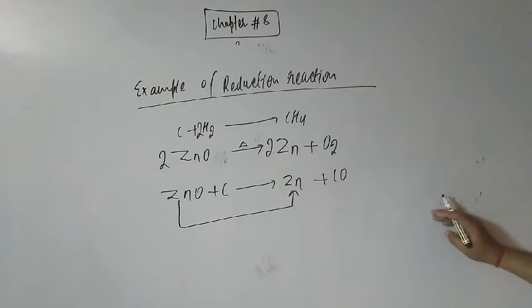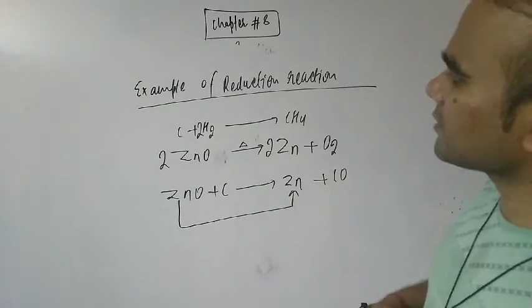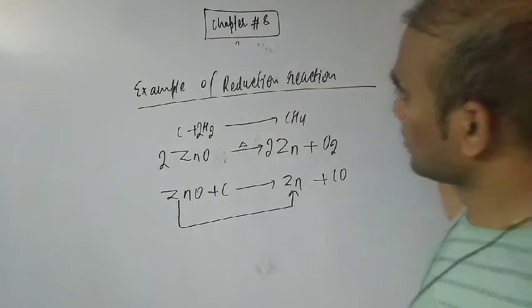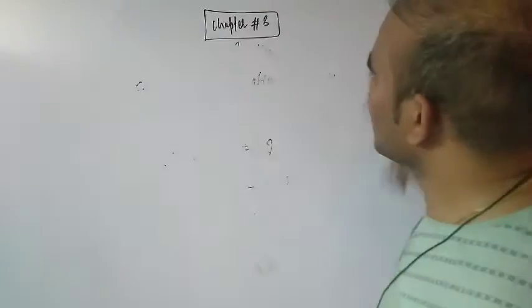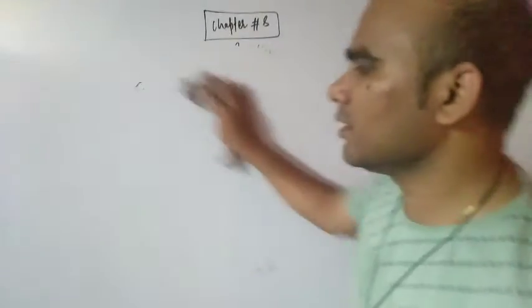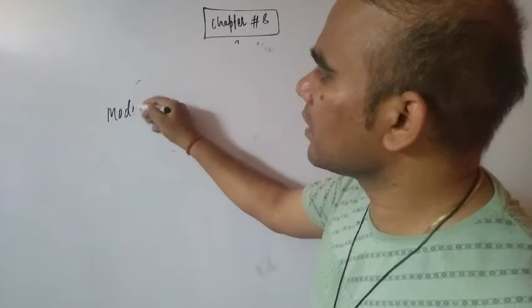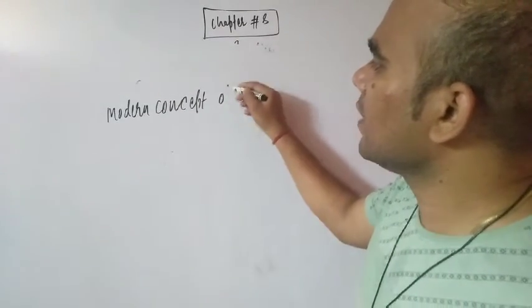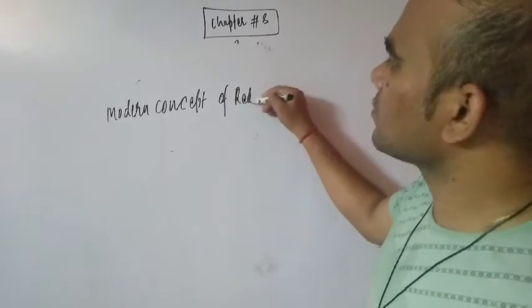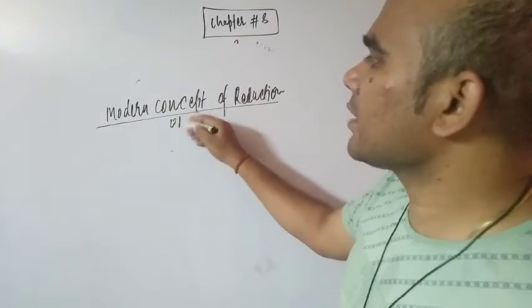Now what we have to do is understand the modern concept of oxidation and reduction reactions. So let us try to understand the modern concept of reduction and oxidation. The modern concept of reduction is also known as the electronic concept.